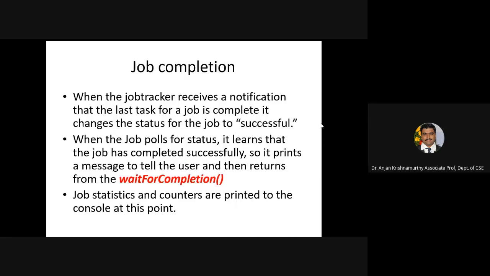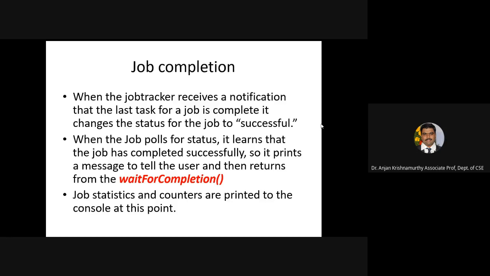Now, once a job is completed, there are several things that happen. The first and foremost thing is that the status of the job is changed to successful, right? The job becomes successful now.